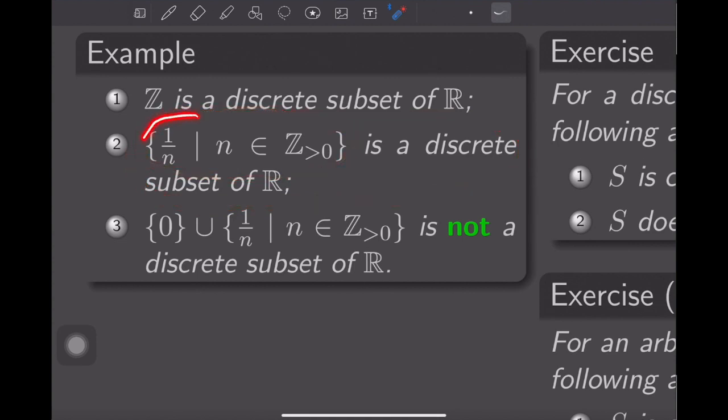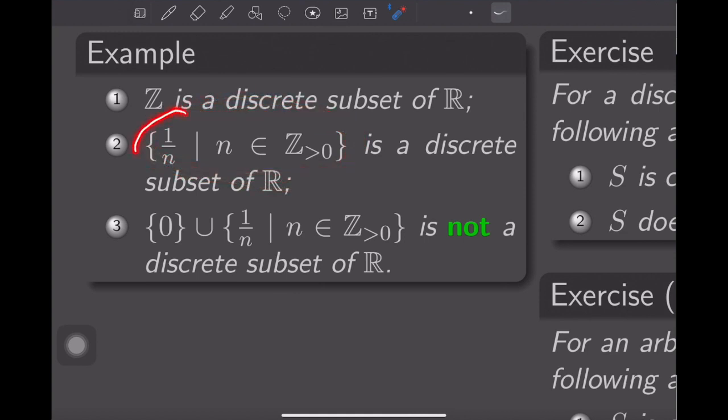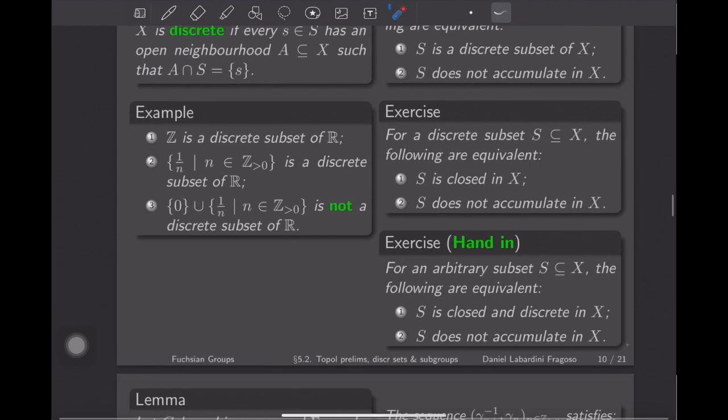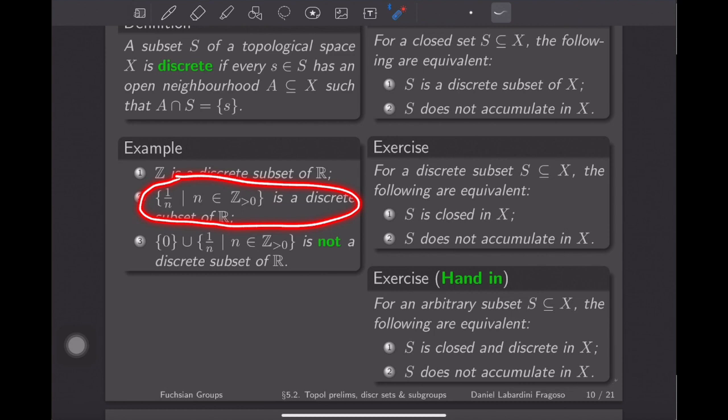When I consider only the points in the set, none of them is an accumulation point of the set. So this set has accumulation points, but they are all outside, and it doesn't accumulate in itself. That's a small subtlety. Discrete subsets are allowed to accumulate, just elsewhere, not in the set.